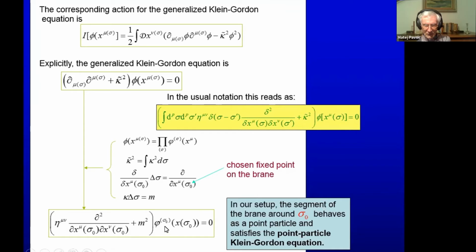So there are many fields. This phi of sigma 0, where sigma 0 is the point at which this field is taken. So in this setup, the segment of the brane around the chosen point sigma 0 behaves as a point particle and satisfies the point particle Klein-Gordon equation.